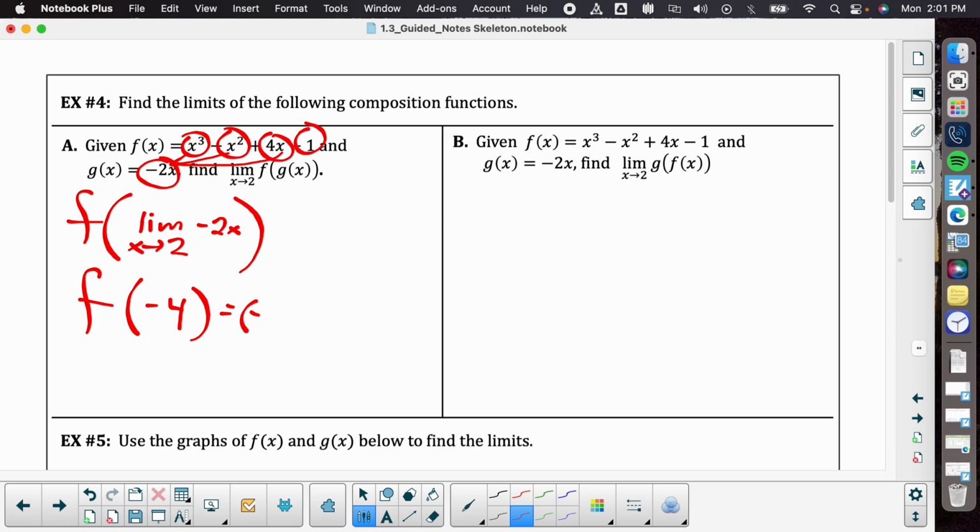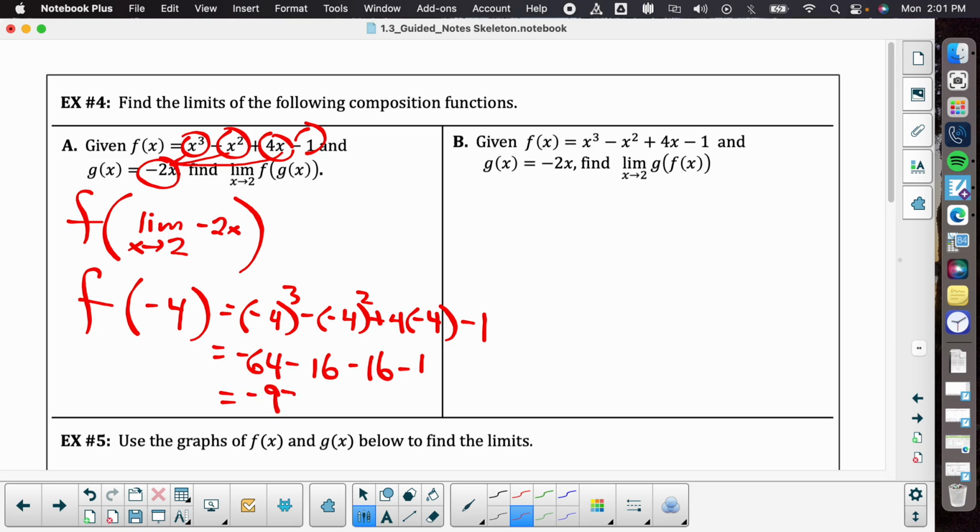So negative 4 cubed minus negative 4 squared plus 4 times negative 4 minus 1. So we've got negative 64 minus 16 minus 16 minus 1, which is negative 97, I think.